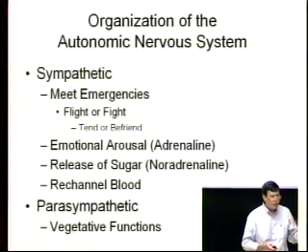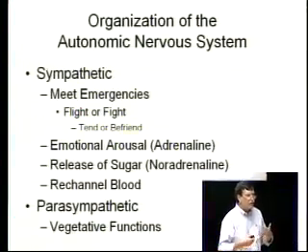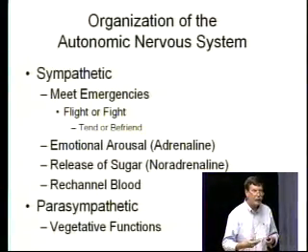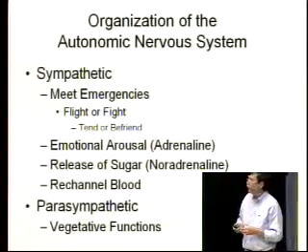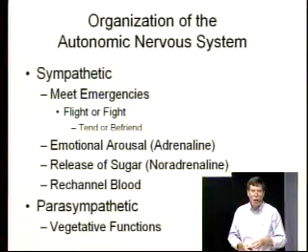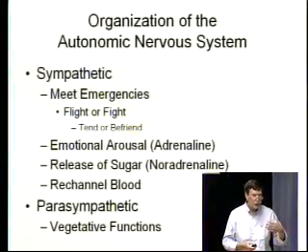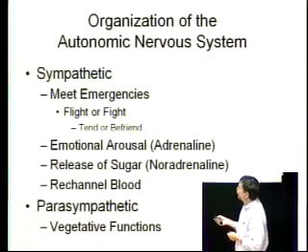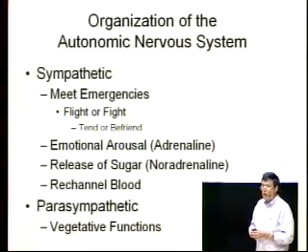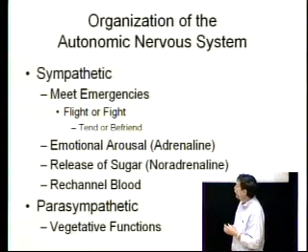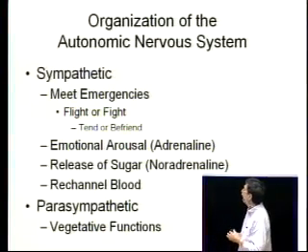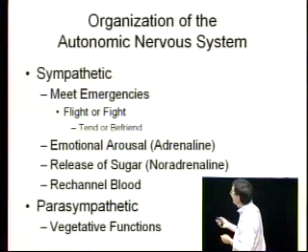Now, flight or fight is the classic way in which we have thought about how organisms respond to emergencies and stressful events. More recently, we've discovered two other ways in which organisms meet emergencies, and they're known as tend and befriend. Okay, flight or fight, tend or befriend. There's something of the poet in these psychologists.